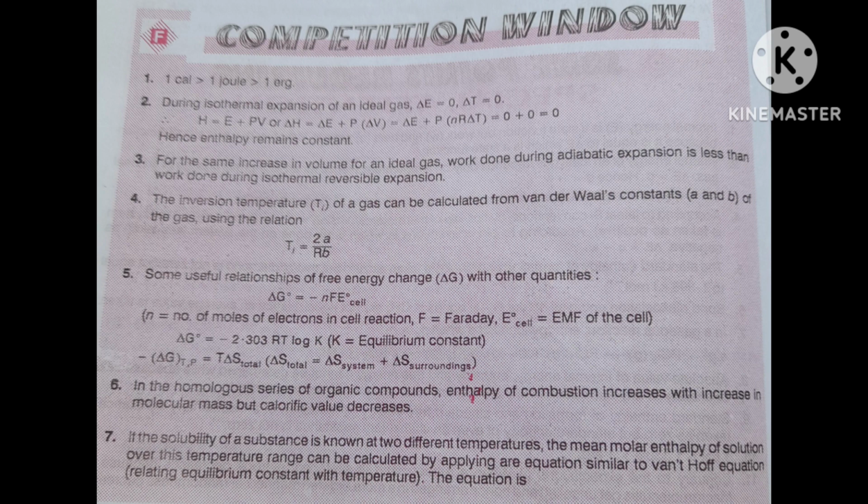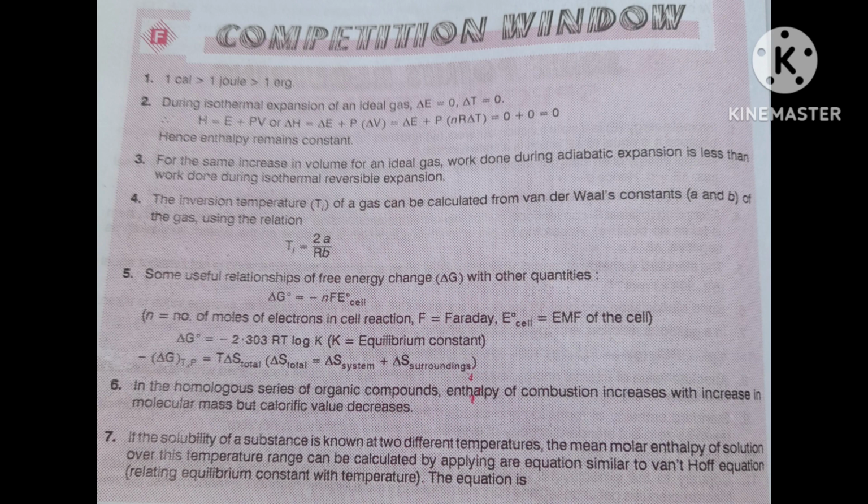during isothermal expansion of an ideal gas, delta E is equal to 0 and delta T is equal to 0.